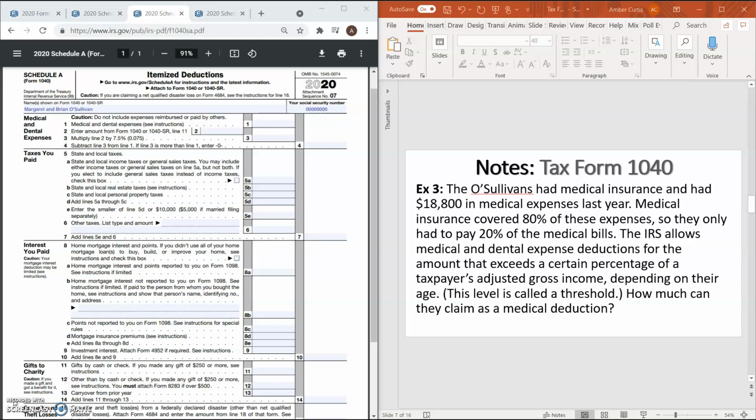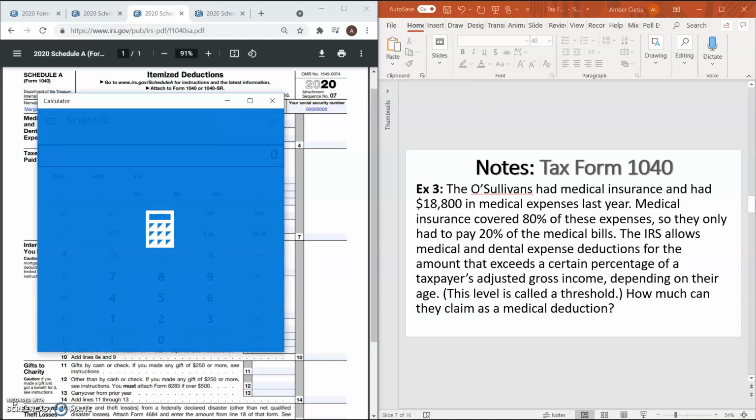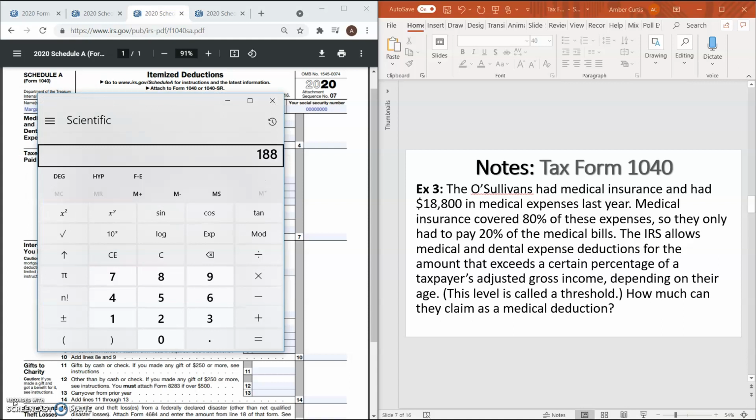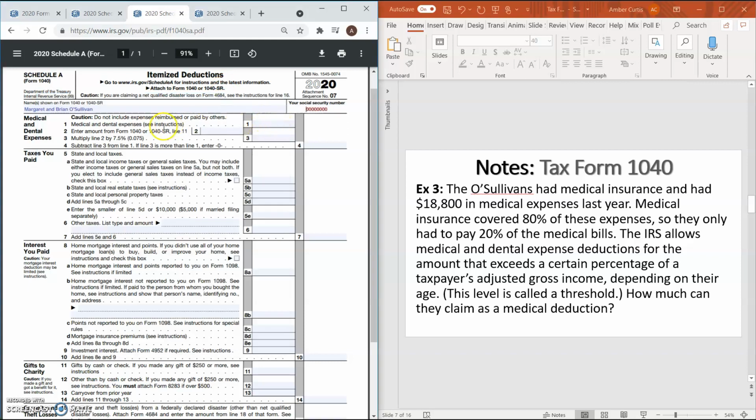All right, so let's start by figuring out how much they actually paid this year. Now, their medical expenses were $18,800, but they only paid 20% of this. So they actually paid $3,760. So we're going to put that here on 1. Now, we want to enter the amount from Form 1040, line 11.